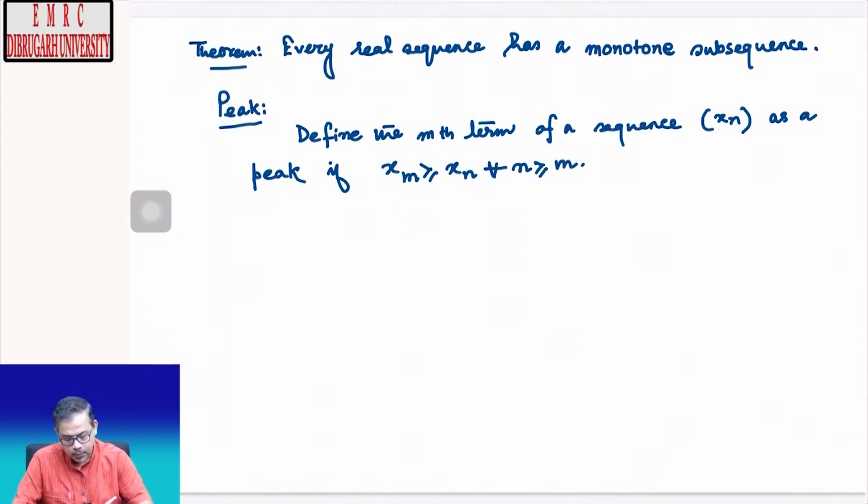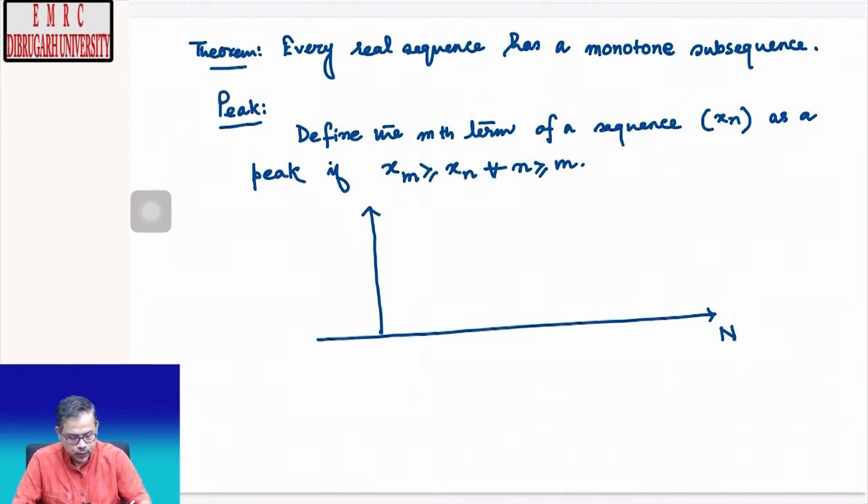What does it mean? Let us try to visualize this situation. So, I can plot the members of a sequence like this, where these are all natural numbers, and on this side there will be real numbers, which are actually x1, x2, x3 of the sequence. Say, suppose this is 1, this is 2, this is 3, 4, and so forth.